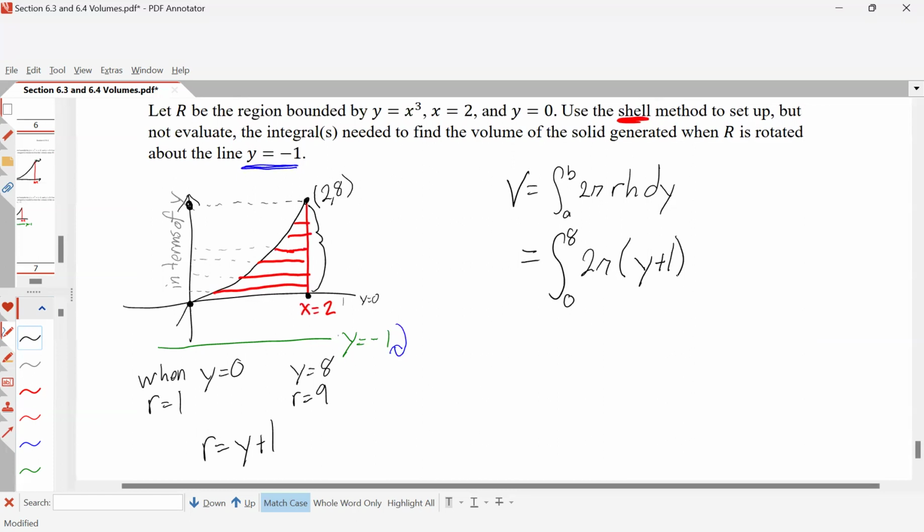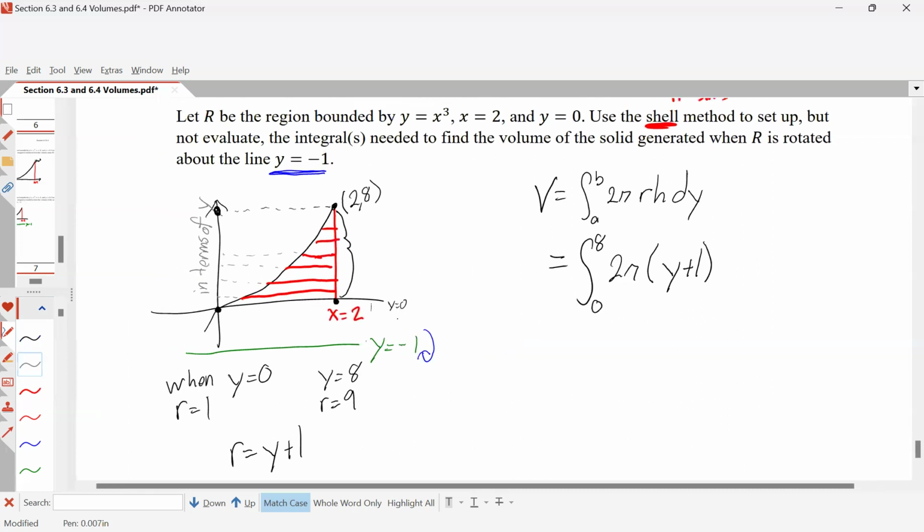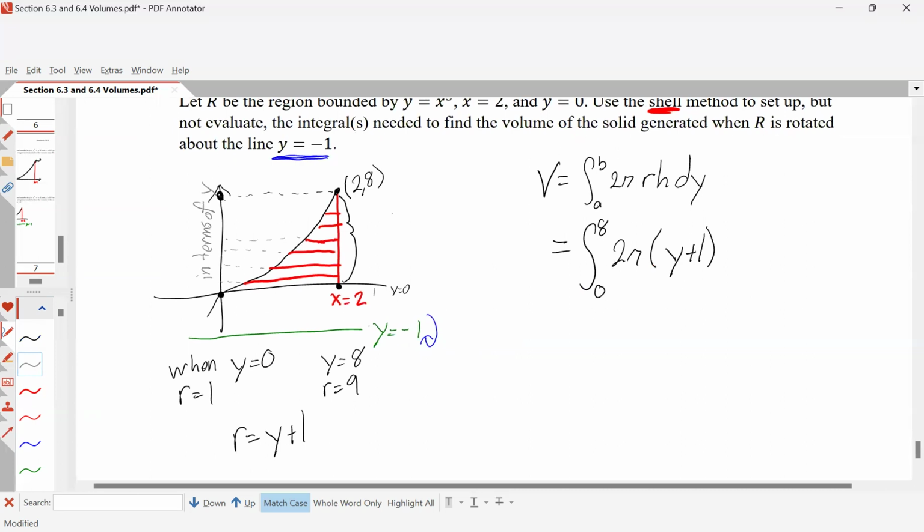And then height, we are in terms of y. So when we're finding a height, it's based off of how far we are in terms of y.